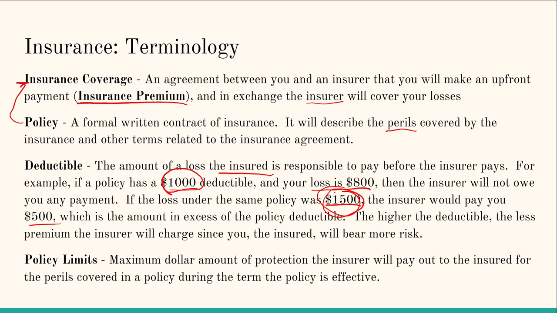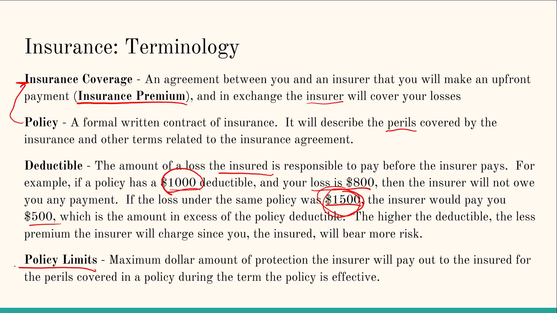Okay, and the insurer is not going to just protect you to an unlimited amount. So there are policy limits. These are the maximum amounts that the insurer will pay. For example, in health insurance, you may be paying, let's say, $100 a month, so you're paying $1,200 a year. That $1,200 a year will protect you from health costs, but there's a maximum.